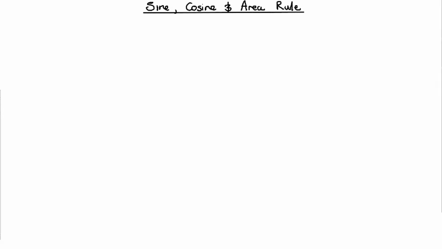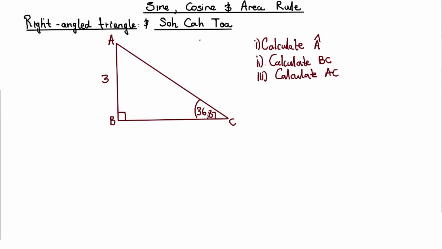Let's go back to the concept of SOHCAHTOA. So here's a right angle triangle, okay? In this case, I have three things that are unknown. I have this angle that is unknown.